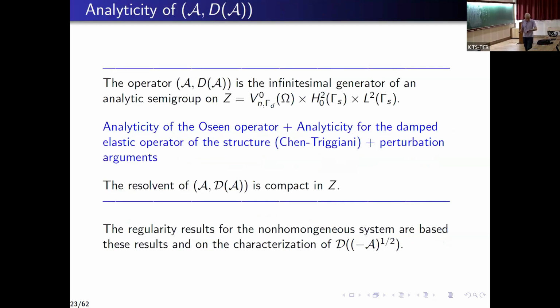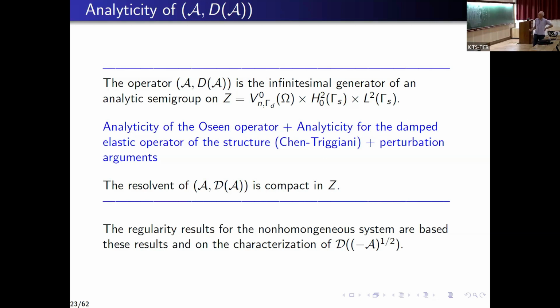Okay, so thanks to that, I can prove that the operator A is the infinitesimal generator of an analytic semigroup on the space Z. The analyticity here is a little bit tricky, so we have to use two results: the analyticity for the Stokes operator, the analyticity for the damped beam equation, and we have to take into account the coupling between both.